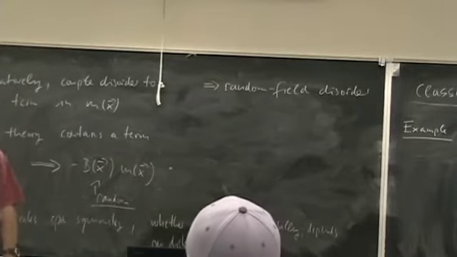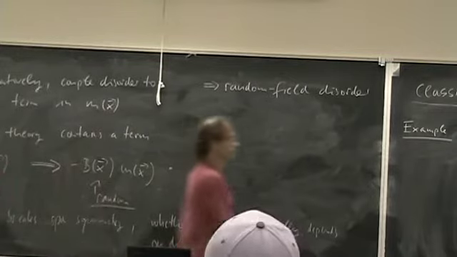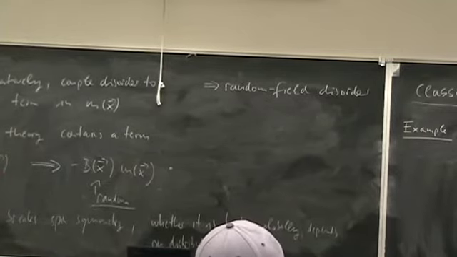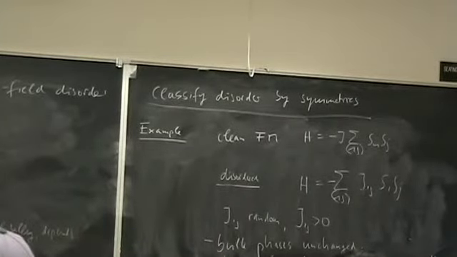Random anisotropy disorder, or you could have even random signs in the interaction. You could have something like this, but not with a uniform sign, but with random signs. Then you get stronger disorder. Or you could have random phases in some quantum Hamiltonian. So there's many more possible cases.